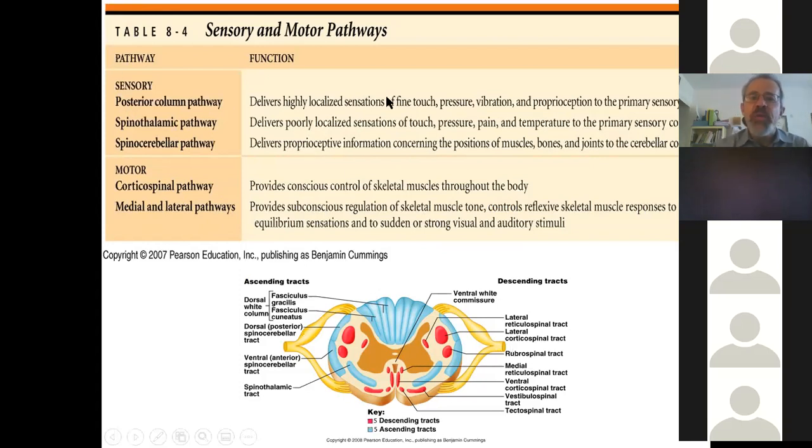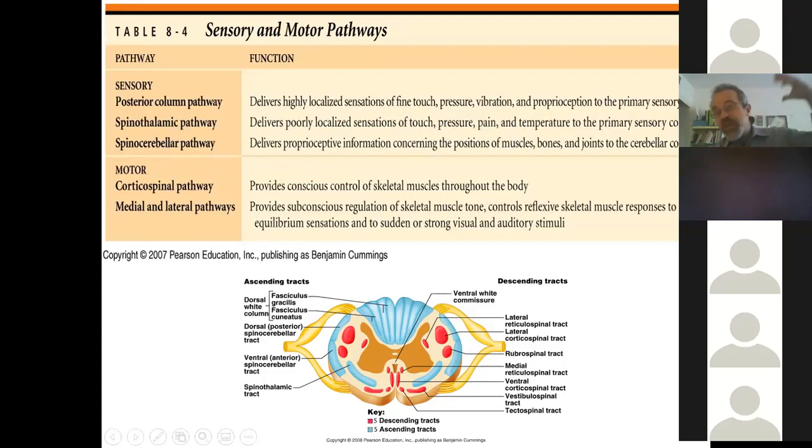So in contrast with the sensory, the posterior column and the spinothalamic are both involved in conveying sensations of touch, pressure, pain, all the way up to the primary sensory cortex. So when you touch something, when you feel pressure on your skin, if you're feeling pain or temperature, signals are delivered by these 2 different pathways all the way up.